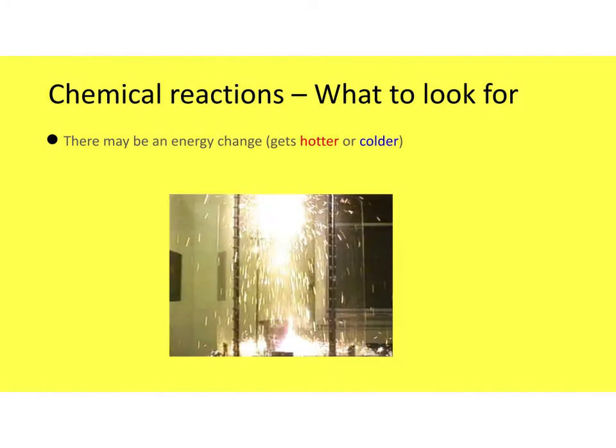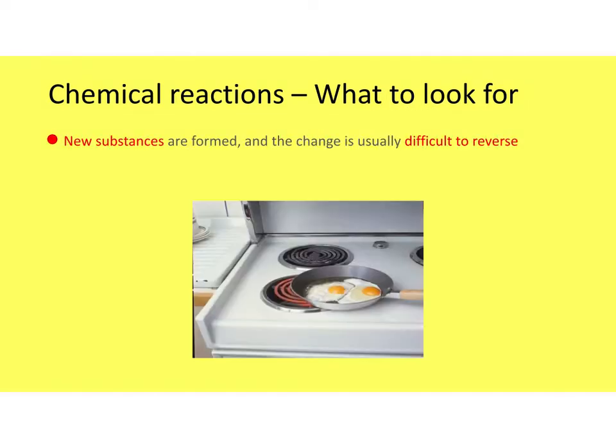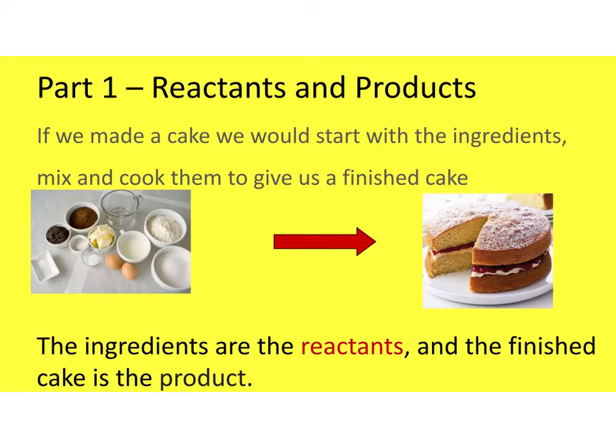You might see an energy change, so it might get hotter or colder. And sometimes we say that's exothermic, heat is exiting into the environment, or endothermic. New substances are formed. The change is usually difficult to reverse, okay? So you might end up with something that's different.